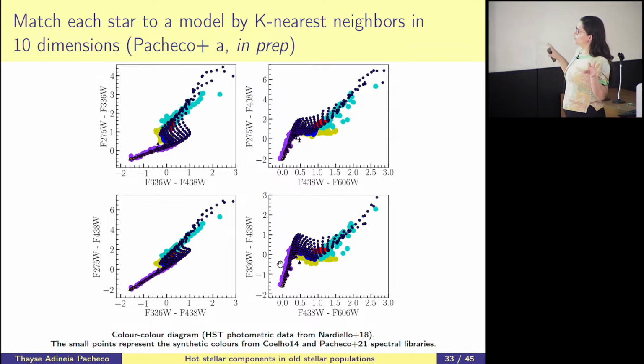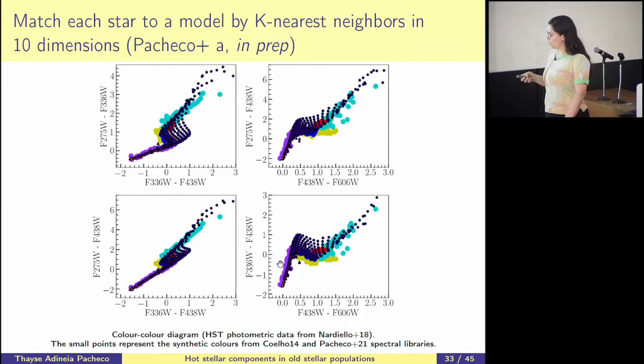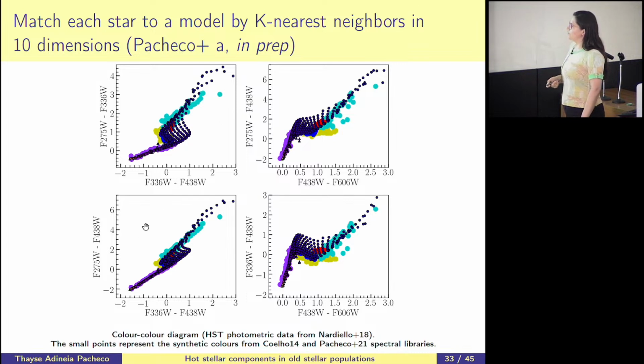Having this stellar population separated, we can match each star's observed color to a model by k nearest neighbors in 10 dimensions. Here I'm showing a few examples, but we can compose 10 colors using Hubble Space Telescope photometric data.